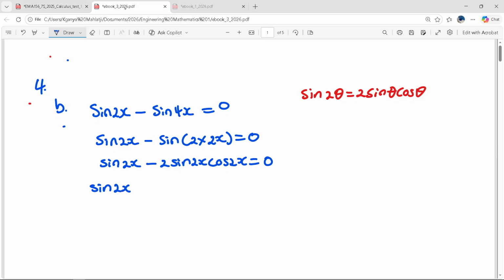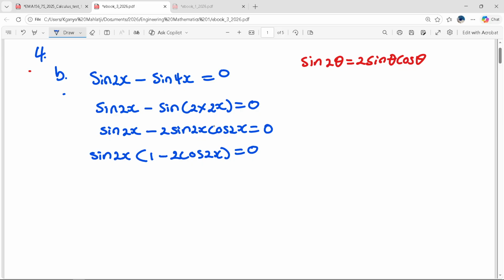We can take it out and open bracket 1 minus 2 cos 2x close bracket equals 0. Then sine 2x equals 0, or 1 minus 2 cos 2x equals 0.